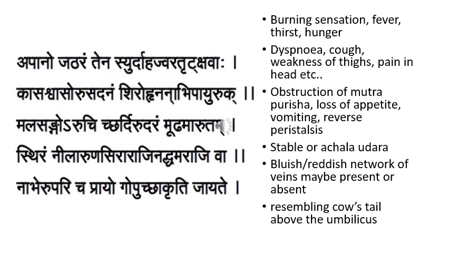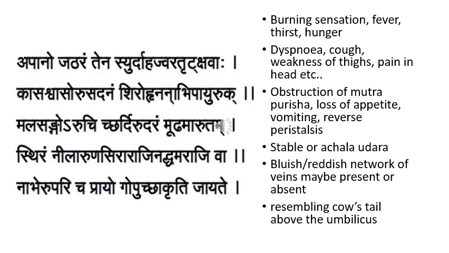Now come to the lakshanas of Badha Gudodara: Apano Jataram Tenasur Daha Jara Trit Kshava. When Apanavayu is vitiated, Jatara or the Udara results, producing burning sensation, fever, thirst and hunger, and Kasa Shwasa, respiratory symptoms due to increased abdominal pressure, exerting pressure on the lungs and the diaphragm.